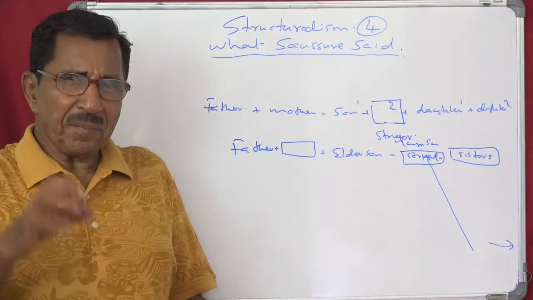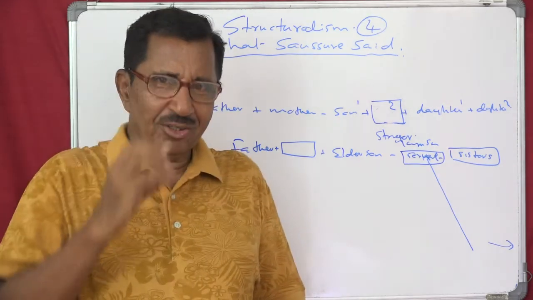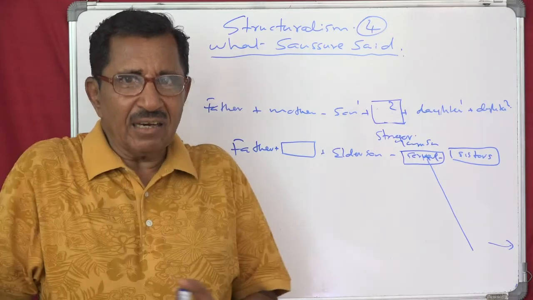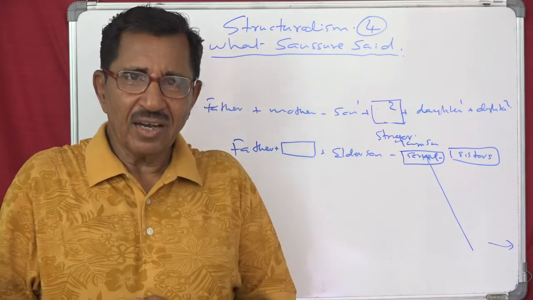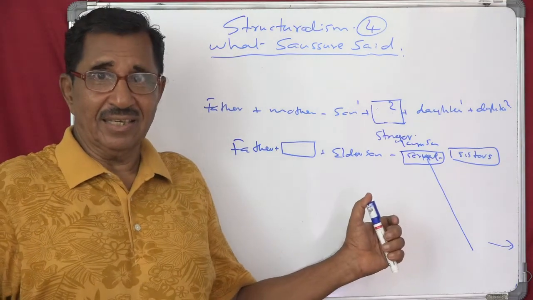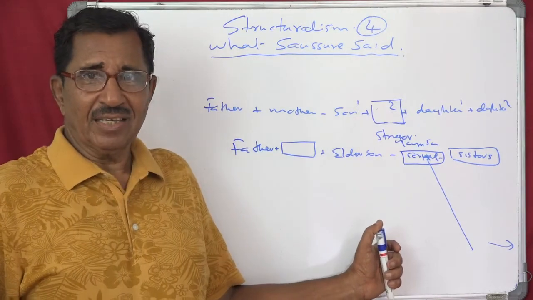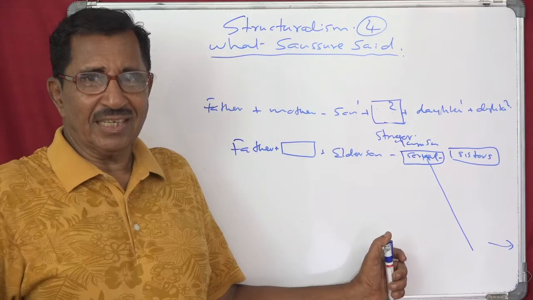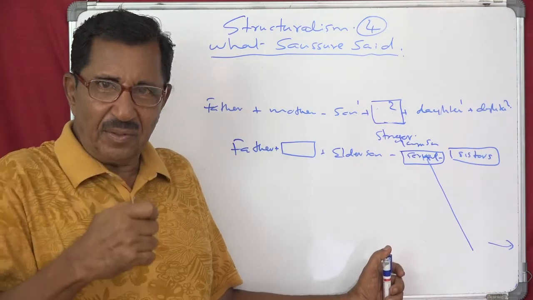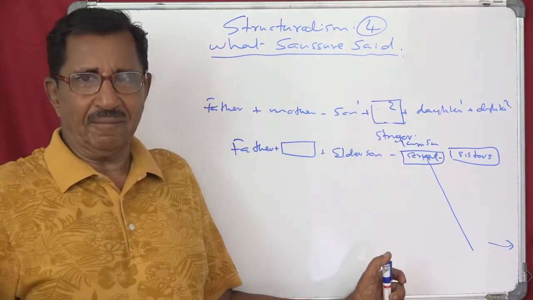So the narrator of the story did it in such a way that, probably till the time of Saussure, we might not have thought like this. That's why I said structuralism is a mind movement. Structuralism is an intellectual movement. It is a thought movement. Structuralism enables us to look at phenomena from a different angle.